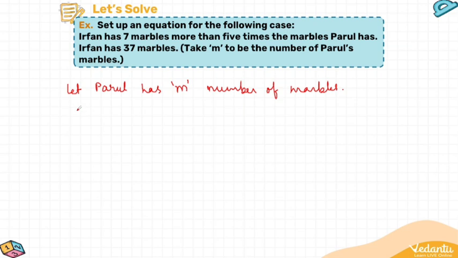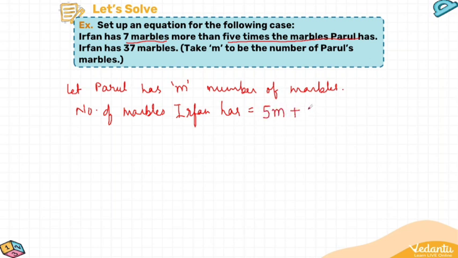Now, the number of marbles Irfan has, how much would it be? It says 7 marbles more than 5 times the marbles Parul has. So 5 times of Parul plus 7.